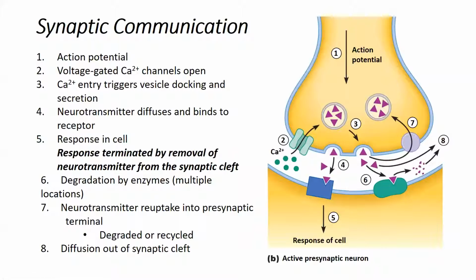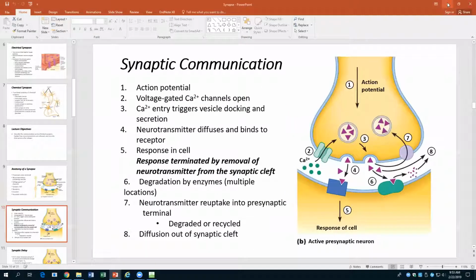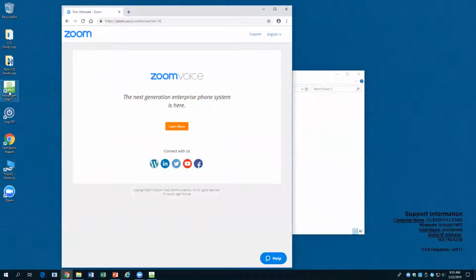Okay. So let's talk about the steps of synaptic communication. What's really happening for one neuron to signal to the other?